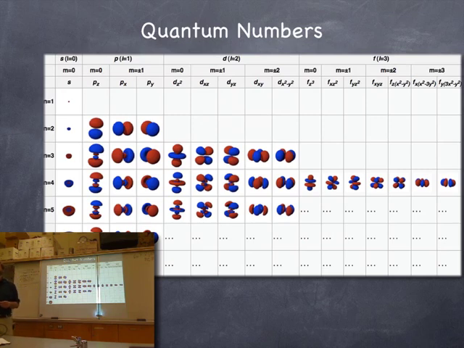The magnetic quantum number. MS is the spin. The magnetic quantum number is the one that tells us essentially the orientation in space. This tells me, is it on the x-axis, the y-axis, or the z-axis? How is it oriented in space? That's what the M value tells me.